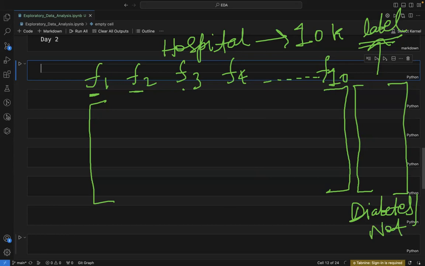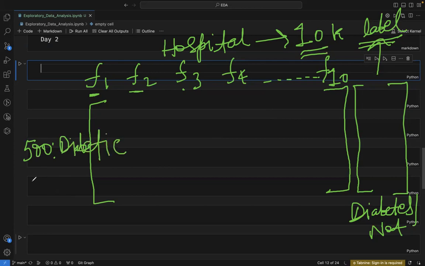But we know that out of, let's say, 10,000 patients who go to the hospital for some kind of treatment, only a very small number of patients are diabetic. So let's assume out of these 10,000 patients who visit the hospital, 500 patients are diabetic.